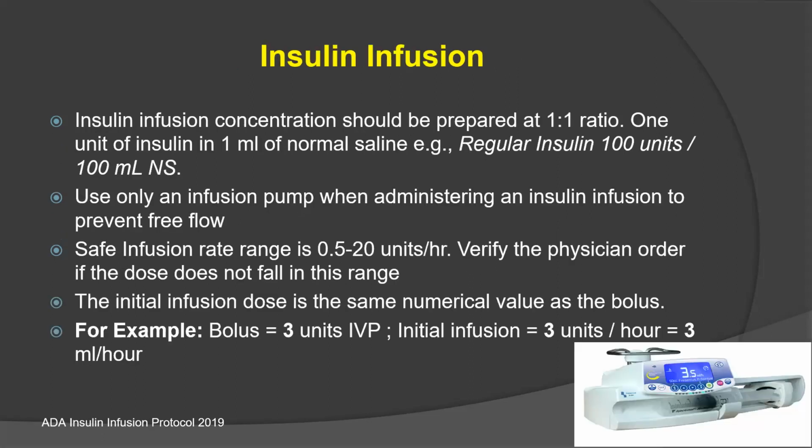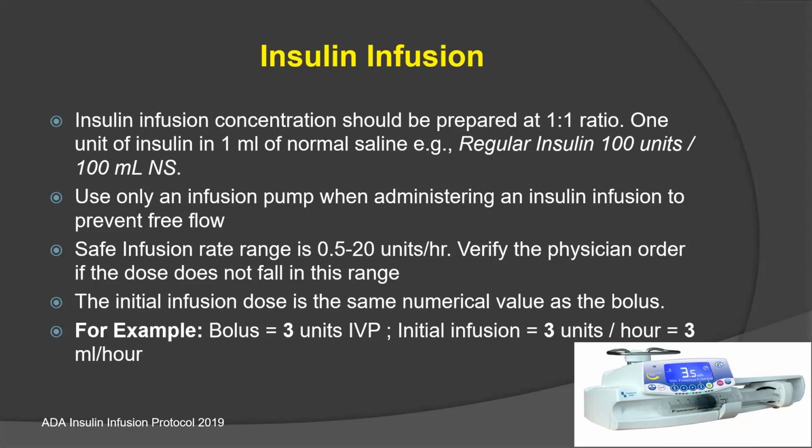And then comes the insulin infusion. Insulin infusion concentration should be prepared at a 1:1 ratio: 1 unit of insulin in 1 ml of normal saline. For example, regular insulin 100 units should be diluted in 100 ml of normal saline. Use only an infusion pump when administering an insulin infusion to prevent free flow.